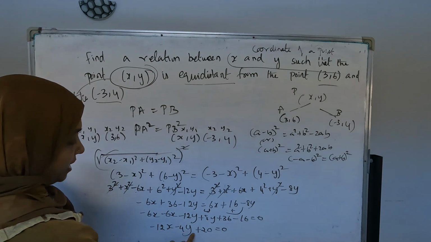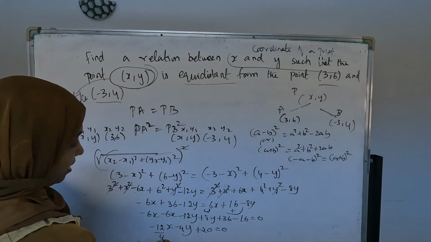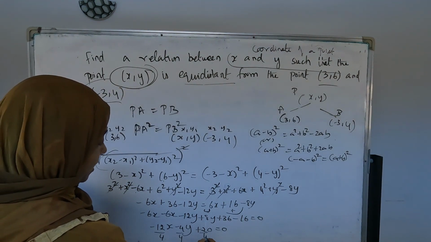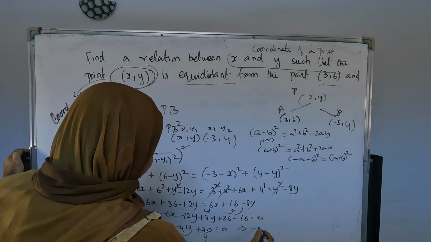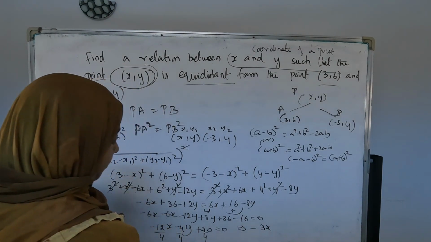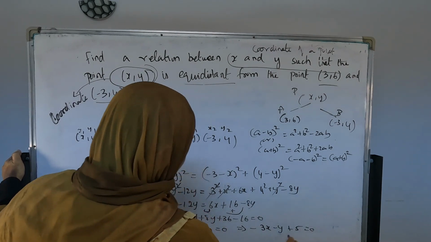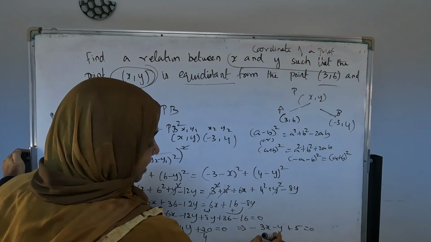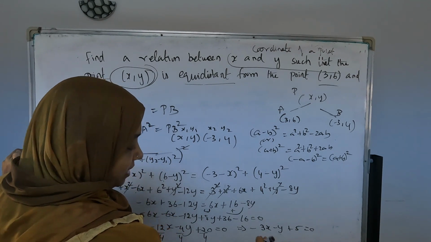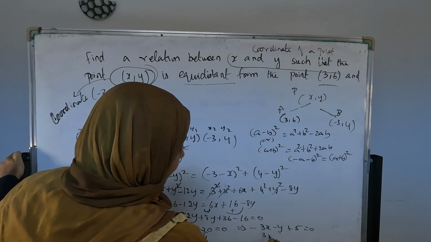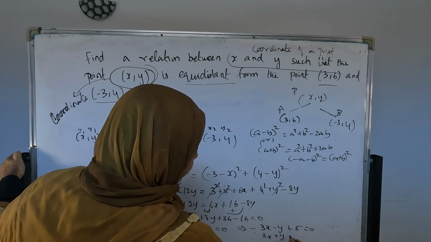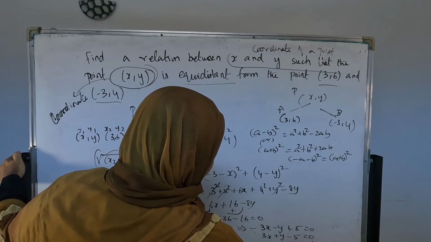Now see, everything is divisible by 4. So divide all the numbers by 4. That time we will get minus 3x minus y plus 5 is equal to 0. Here everything is minus, so we will multiply with minus. That means change the symbol: 3x plus y minus 5 is equal to 0.